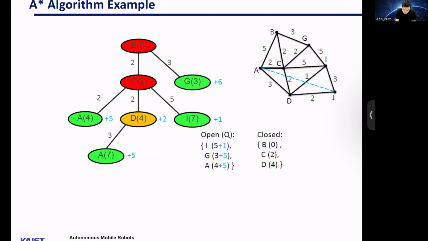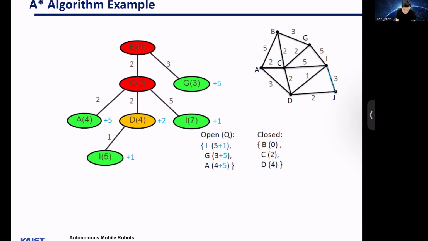And we can go to I position as well, and that's going to give you a total cost of 8, and then we can branch out to A, which is worse than this one, so we can remove that one.